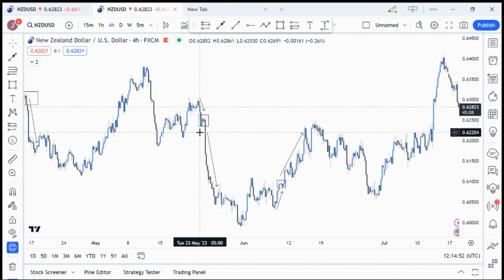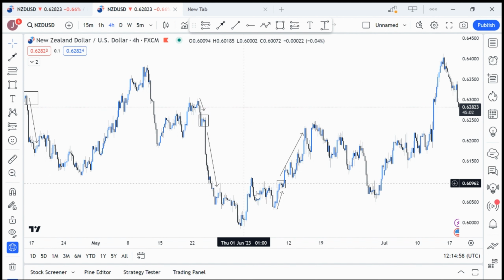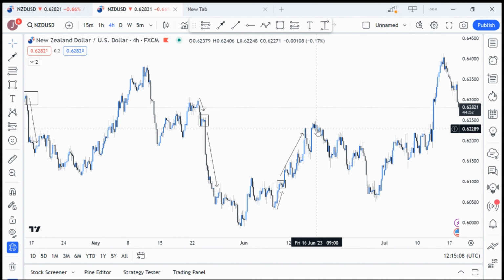There was a drop here, then a base and a drop. Whenever the market comes back to this zone, to this base, just take note of the base. Whenever the market comes to the base, there must be a direction to the type of supply or demand that was formed there.